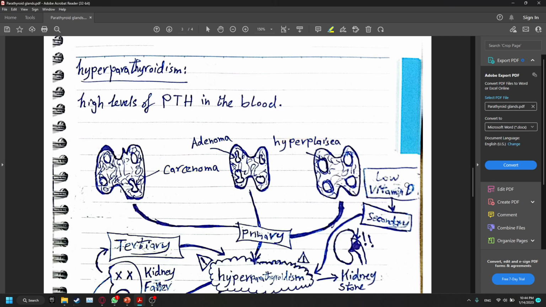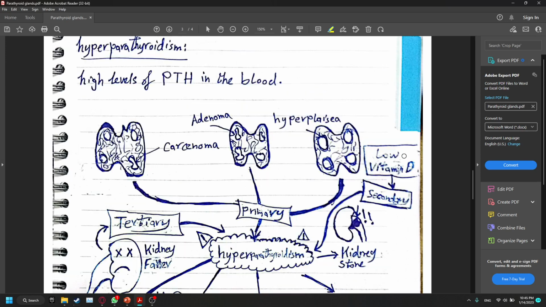So what are the secondary causes? It could be low vitamin D levels in the blood. You take very little vitamin D, or you have a vitamin D deficiency.